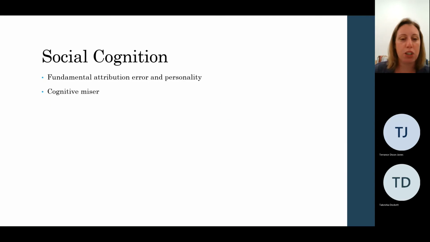Okay, a couple questions about social cognition, I think was kind of the last category of questions. And again, we got more questions about kind of disorders, personality disorders. So somebody asked about how the fundamental attribution error works in someone with a personality disorder, and especially with antisocial personality disorder.